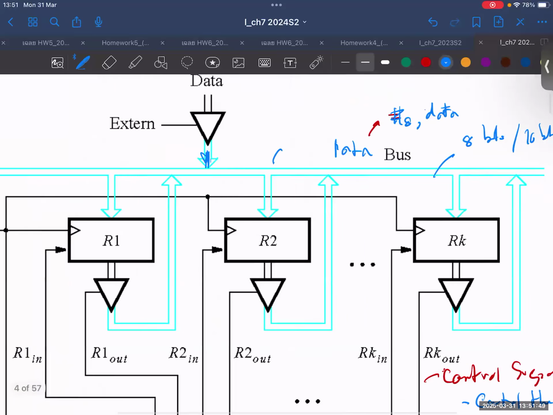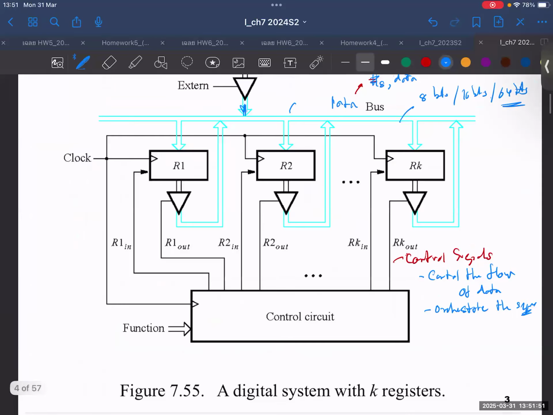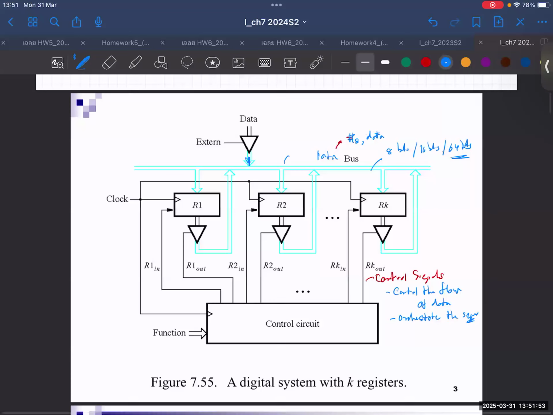For example, this is a very simple one. What it does is it just shifts the data around from one place to another. For example, you can move data from R1 to R2, or you can swap R1 with R2. That can be done.